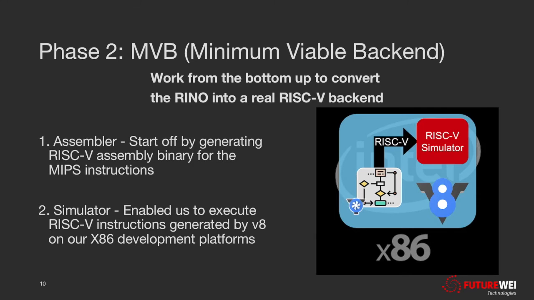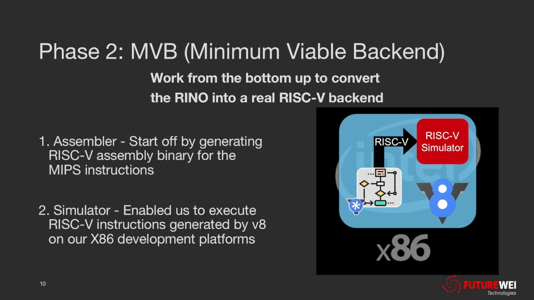What it does is that V8 has this special execution mode called simulated run mode. Basically, you could run the entire V8 on the host machine, say x86, so the JIT and everything is on x86, but you can configure the JIT to produce code for a different target architecture, in this case for RISC-V.